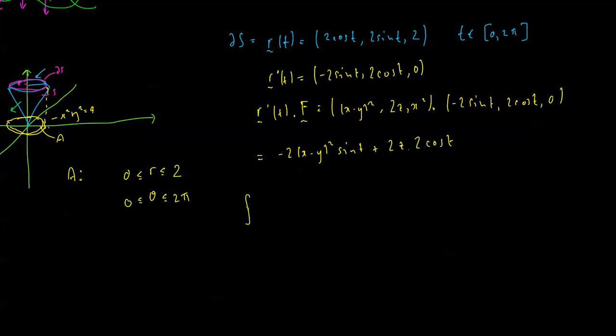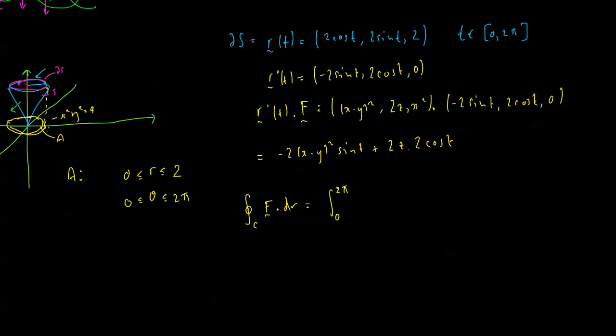So the work done across my curve, F dotted with dr, remember, goes from a to b, which is my starting time and my ending time, 0 to 2 pi.